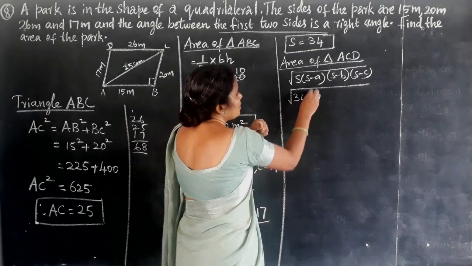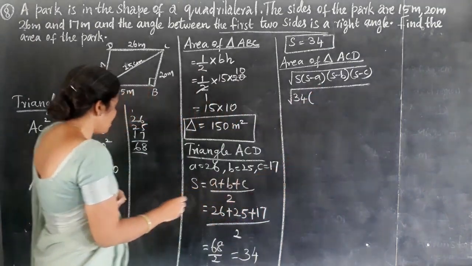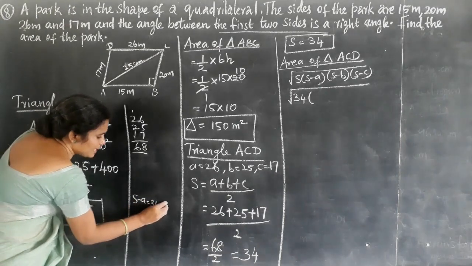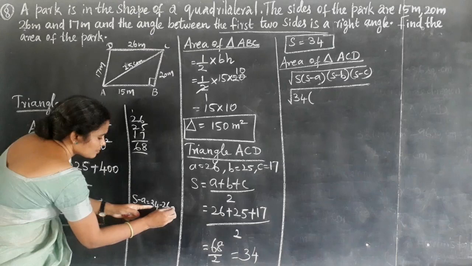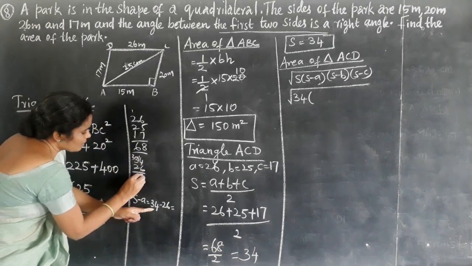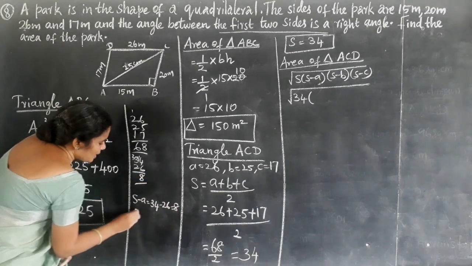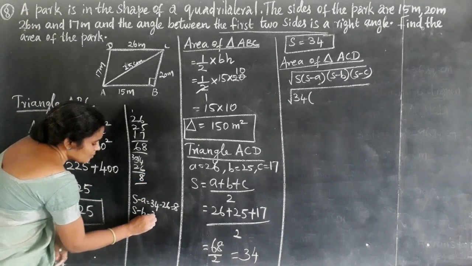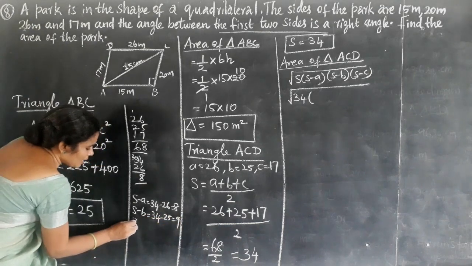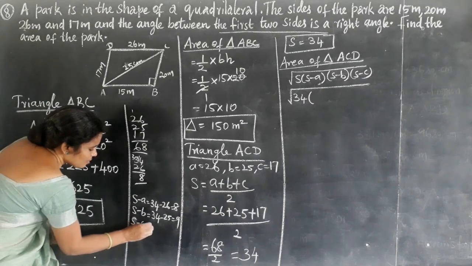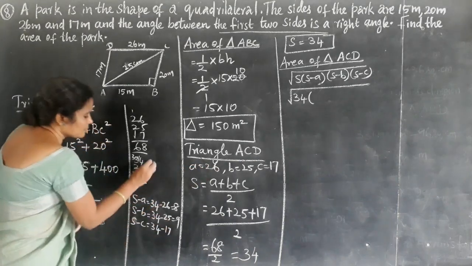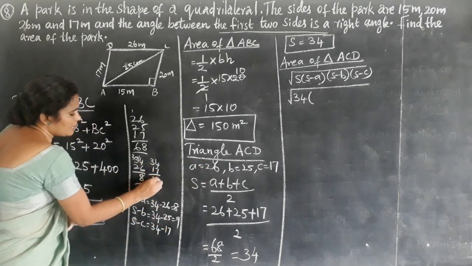So s minus a, 34 minus 26, is 8, and s minus b, 34 minus 25, is equal to 9, and s minus c, 34 minus 17, is again 17.